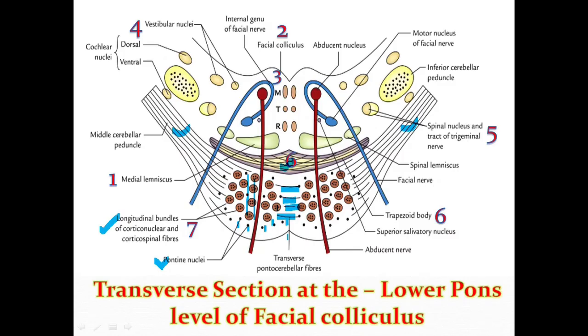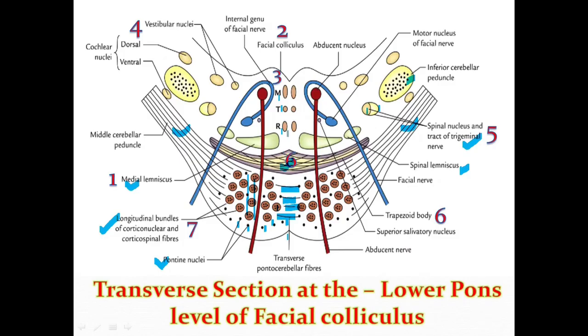Then, when you compare with the lower medulla cut sections, we get the same structures again: the medial lemniscus, the spinal lemniscus, the MLF (medial longitudinal bundle), tectospinal and reticulospinal tracts are the same. Then we have the same nucleus and tract of the trigeminal nerve, and the ICP is a common word. So all structures are the same when you compare with the lower level.